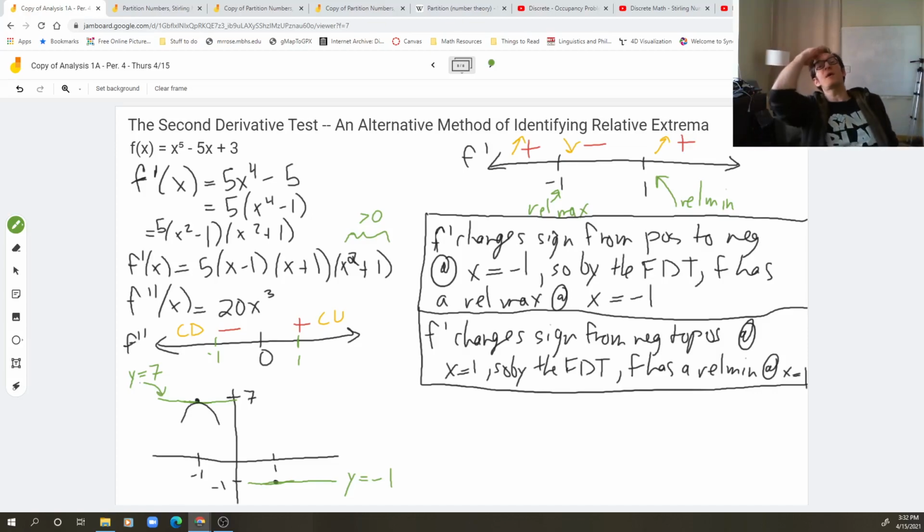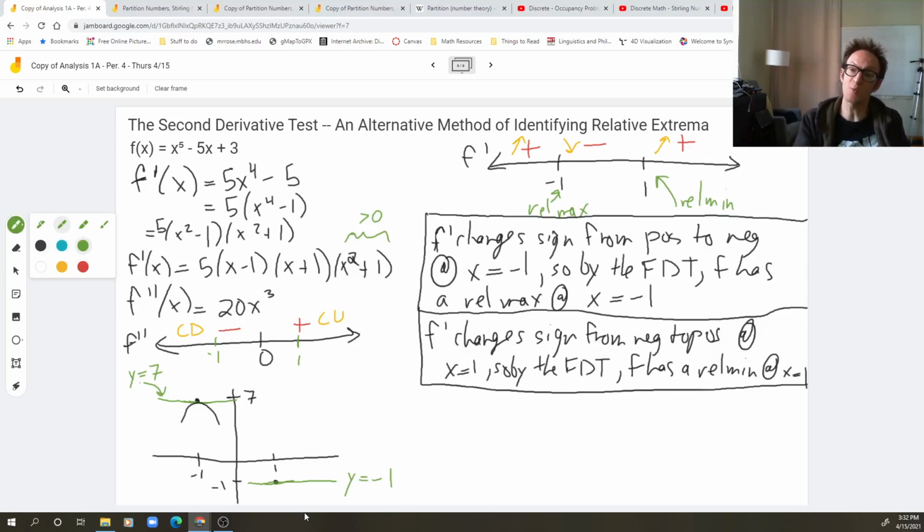Since concave up means tangent lines lie below the curve, this green tangent line y equals -1 must lie below this curve. Therefore my curve must look like this, and if it looks like this, then in fact I have a relative minimum there.